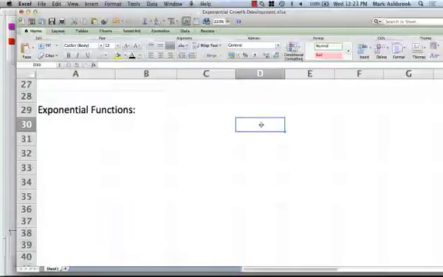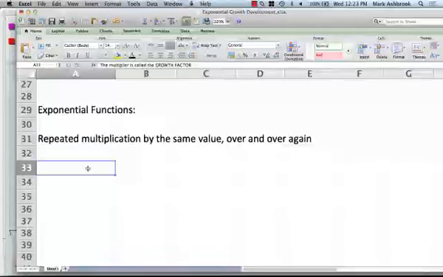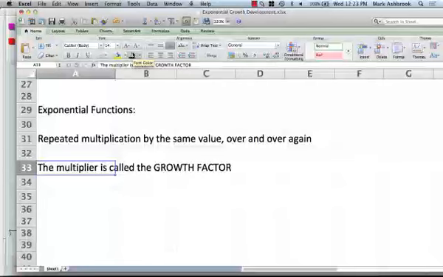First and foremost, they're about repeated multiplication. Repeated multiplication by the same value over and over again. That's what exponential functions are about. That multiplier has a name. It's very important for us. The name is the growth factor.